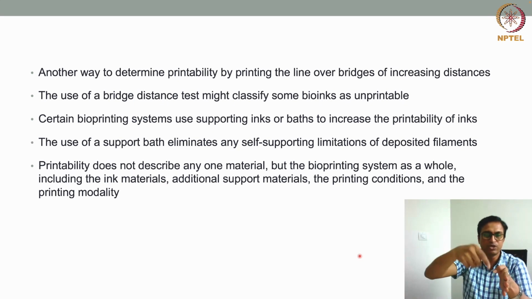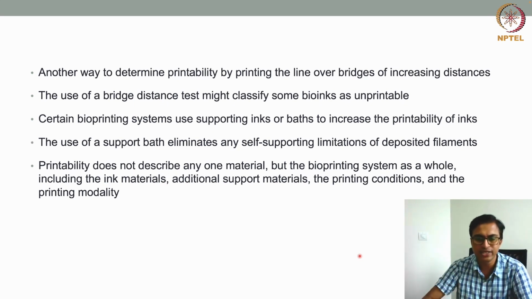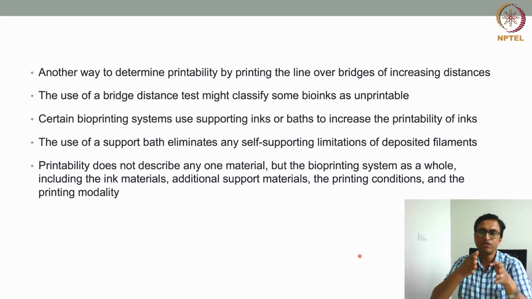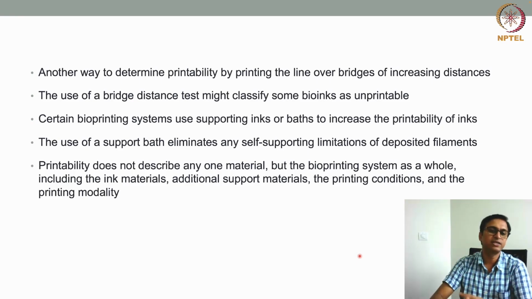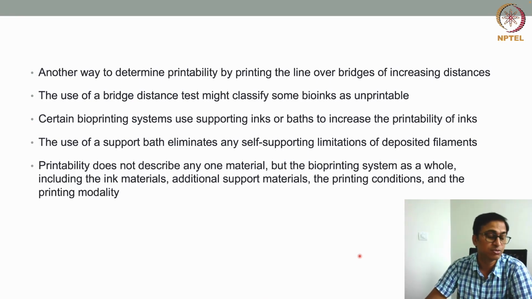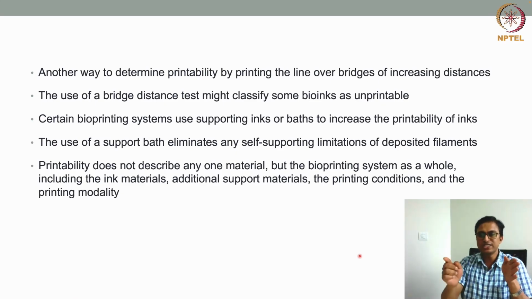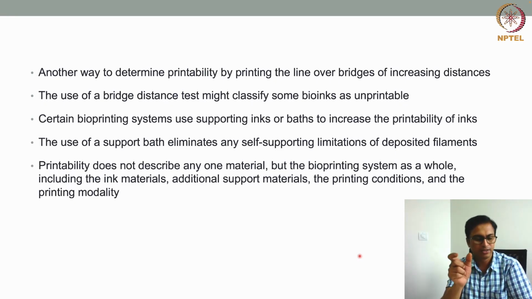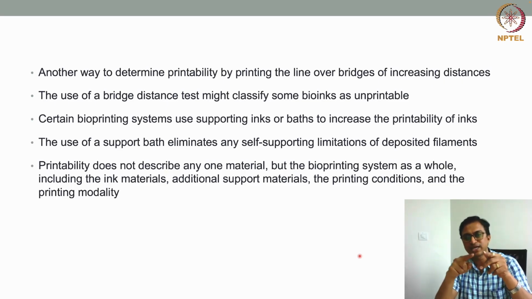If the ink can self-sustain itself over the bridge, then that ink could have very good printability. With increasing distance, we can evaluate at what distance the printed line can support itself, and there is no sagging of the line.